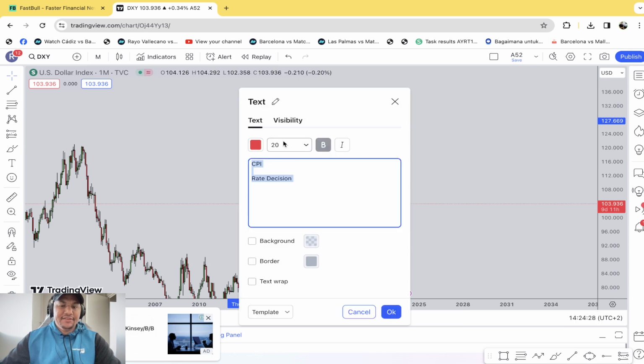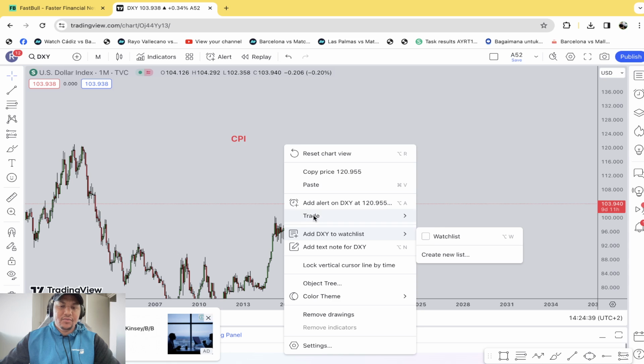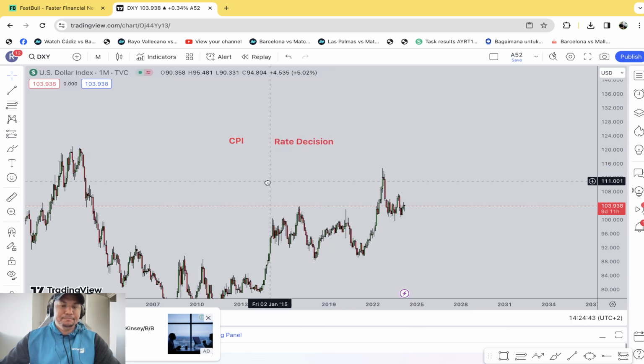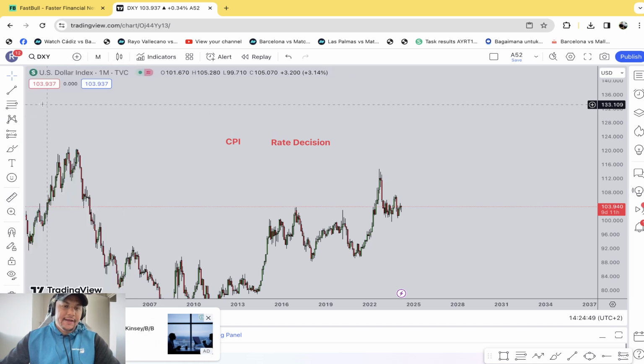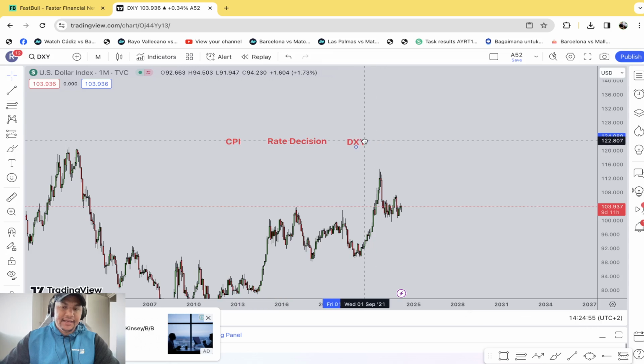But to make it easier for you guys to understand, I'm going to take interest rates, and you have to listen to me very carefully. We're going to put interest rates right here, and we're also going to add the most important currency, the dollar index, which is the world dominating currency currently.